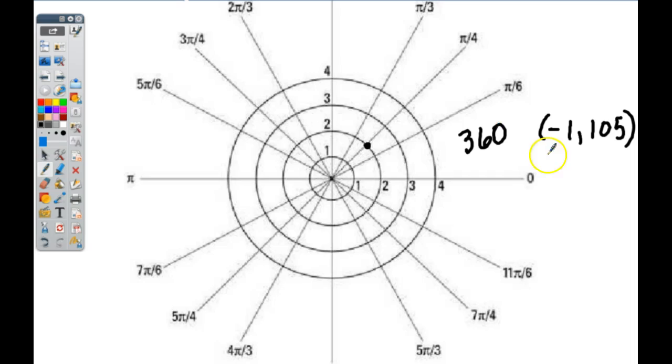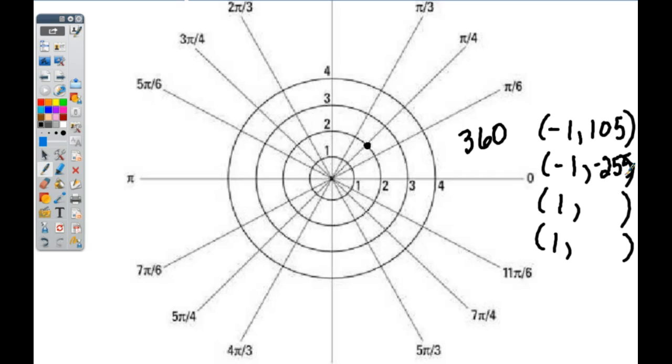So I'm going to have... what number is it? 12? So this would be negative 255. I just subtracted from 360.